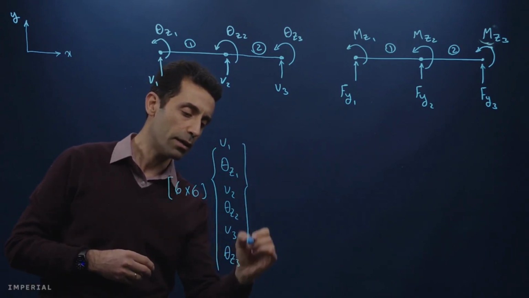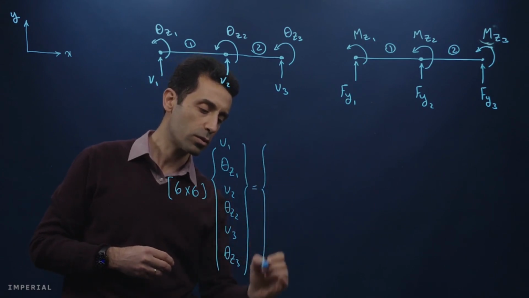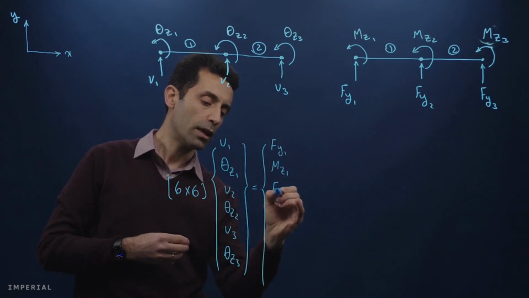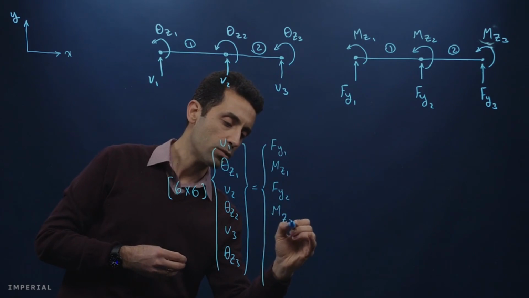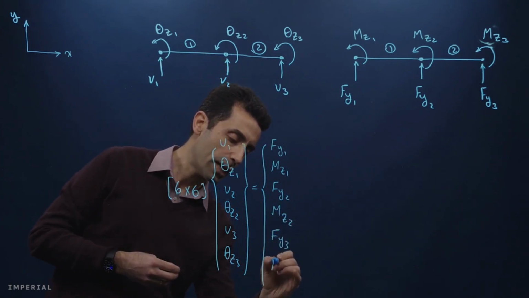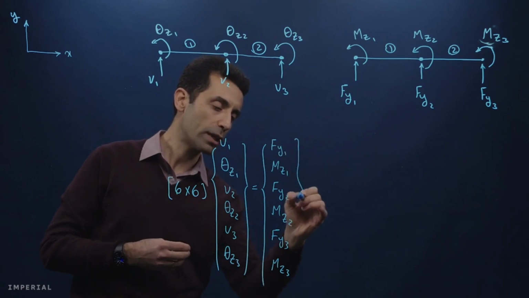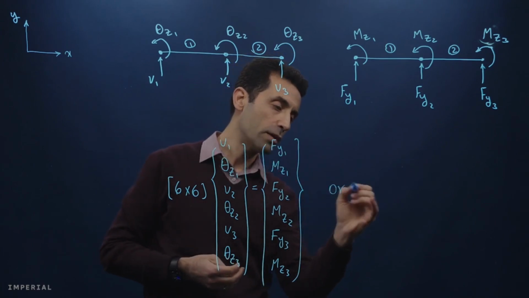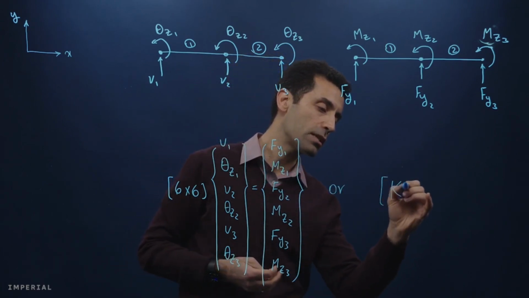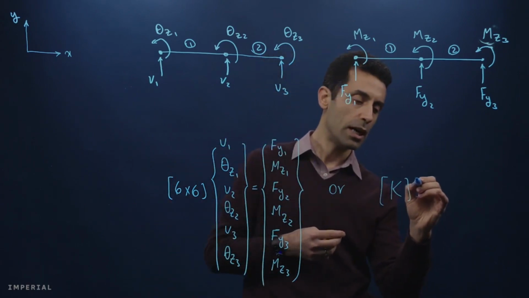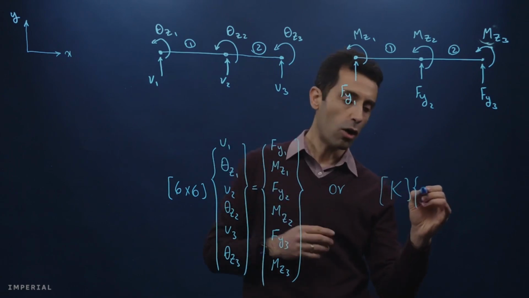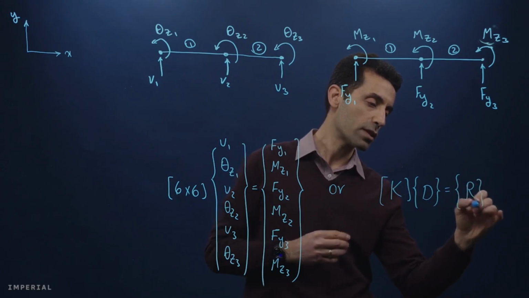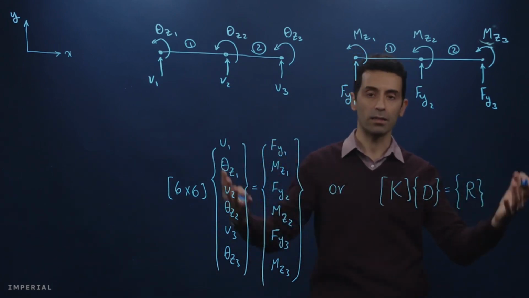And then this equals the vector of nodal forces, so the corresponding forces for each of them: Fy1, Mz1, Fy2, Mz2, Fy3, and Mz3. Or again, we can neatly write it with capital K. So this stands for structure stiffness matrix times the vector of nodal displacements equals the vector of nodal forces, but these are all capital, representing the entire structure for us.